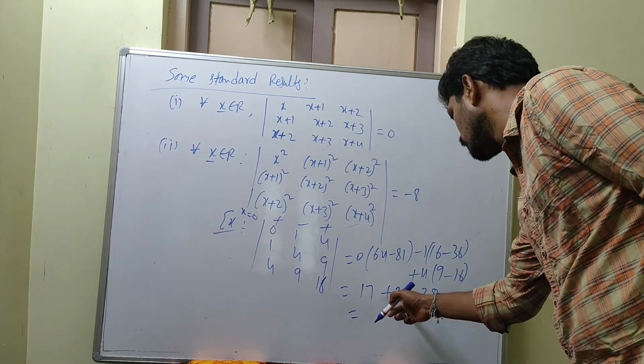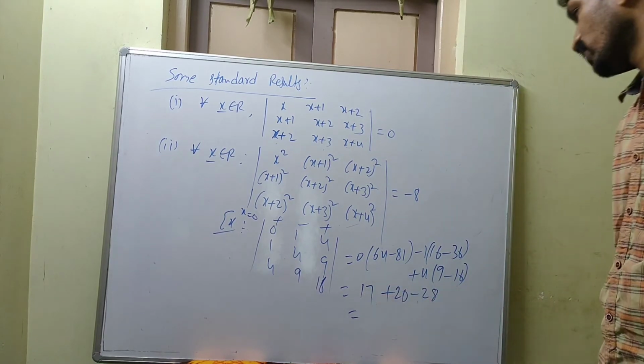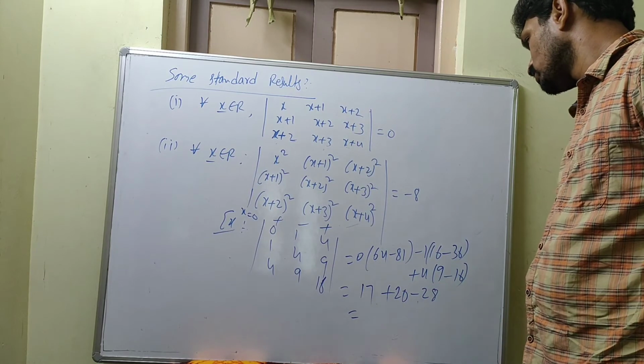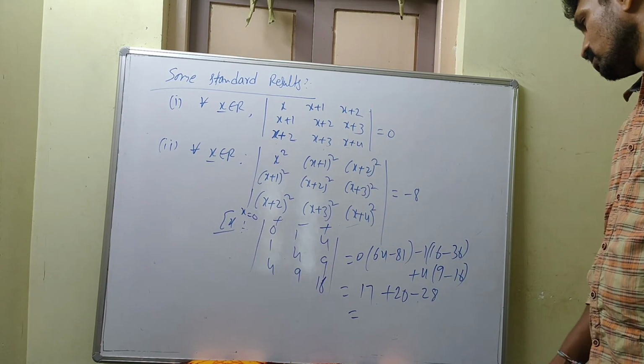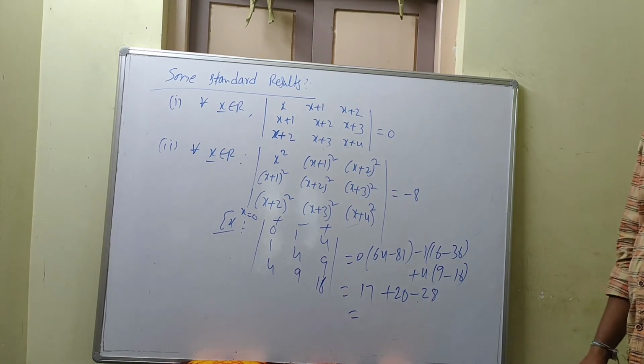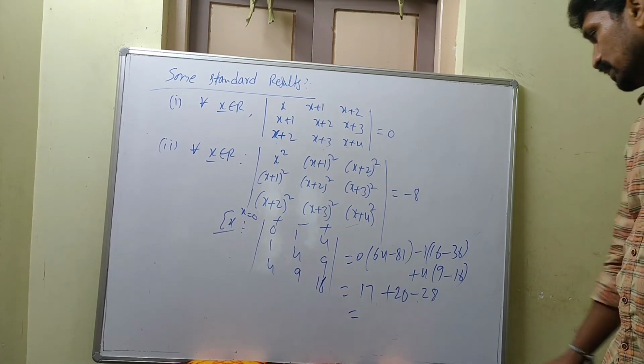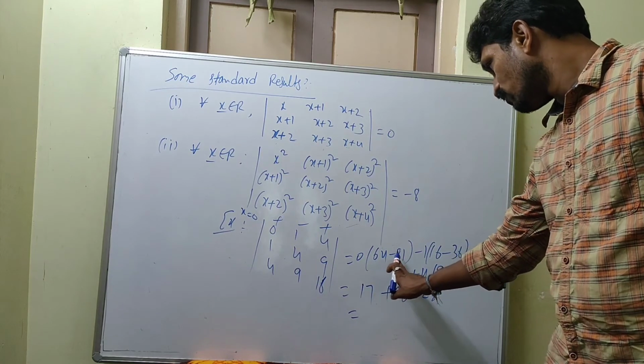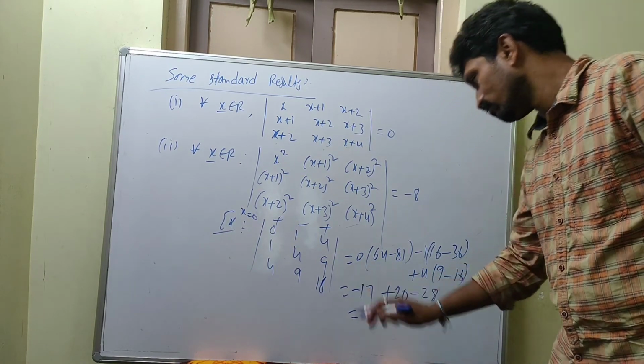See here, 64 minus 81, that is minus 17.